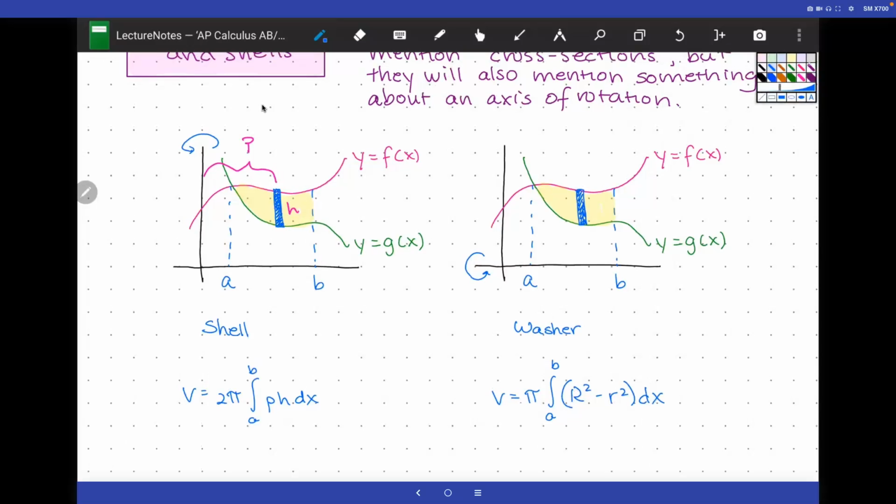And then remember your big R gets measured from the axis of rotation to the furthest part of the rectangle, and your little r is from the axis of rotation to the closer part of the rectangle. And then after that, it just depends on what integral you got. So any questions about that?